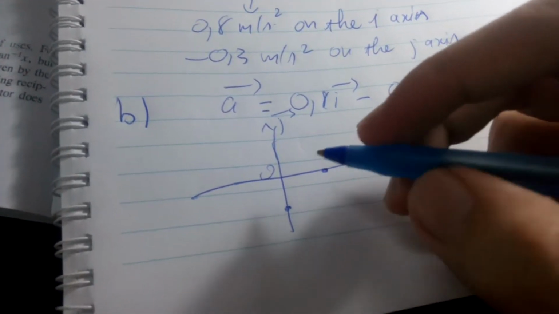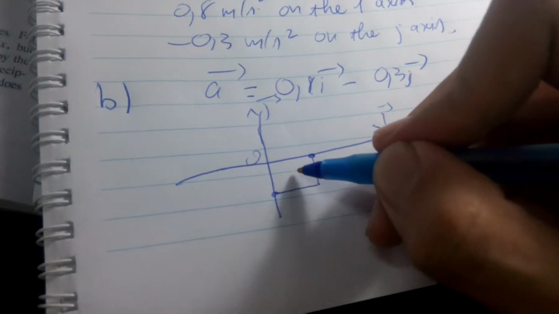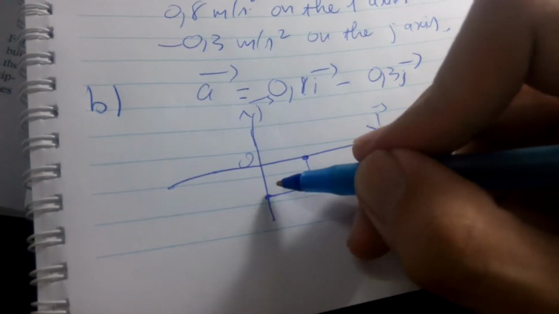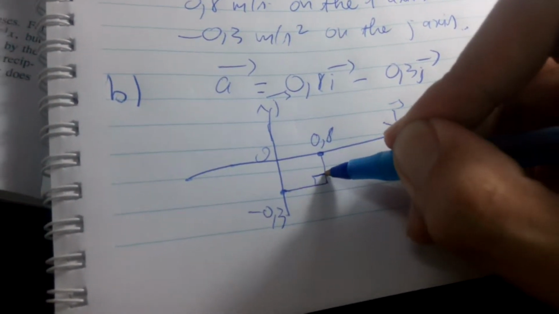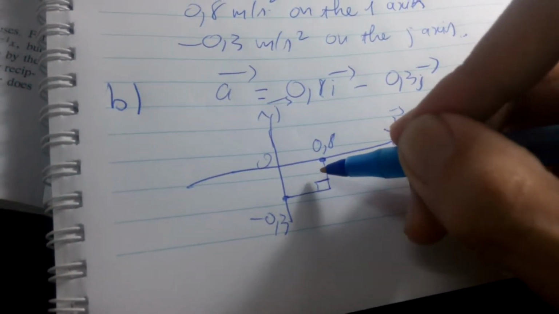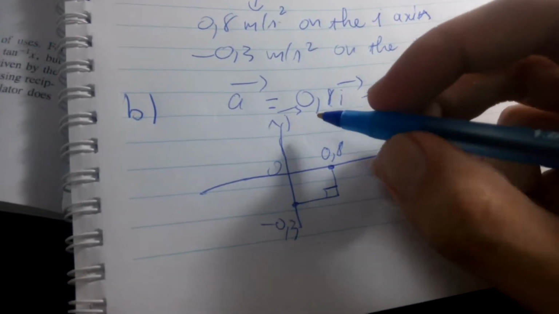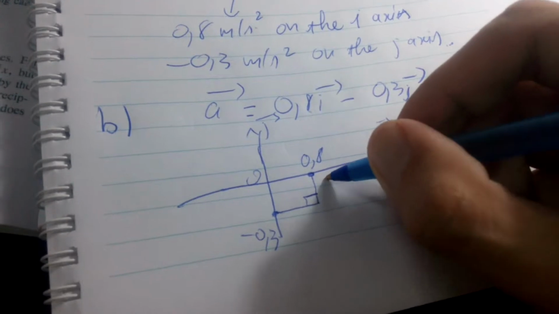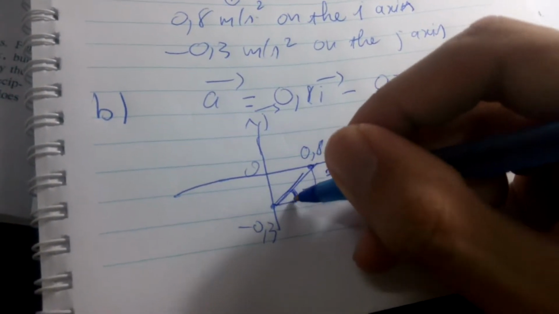We're going to build a triangle, with sides 0.8 and 0.3, and here's the angle that we need to look for.